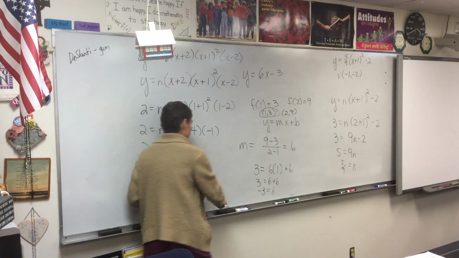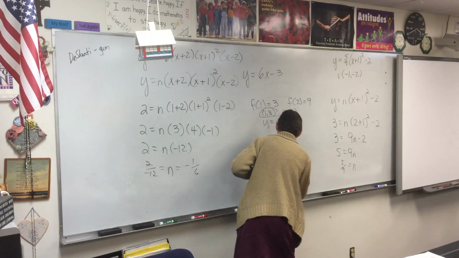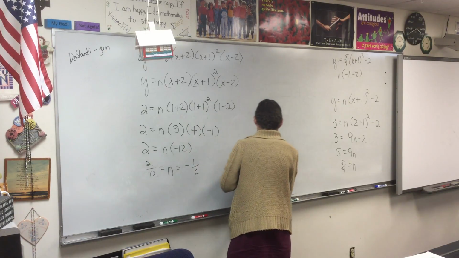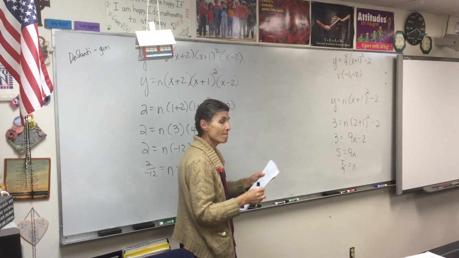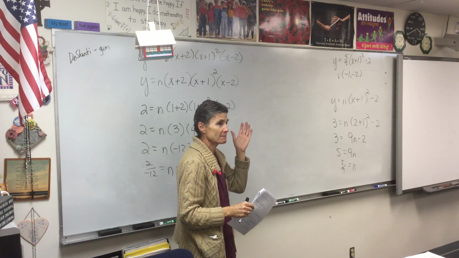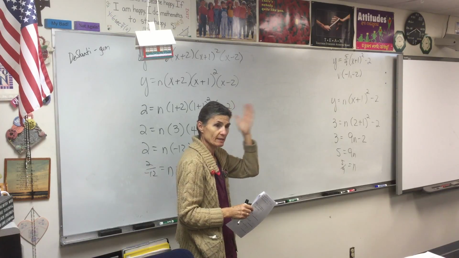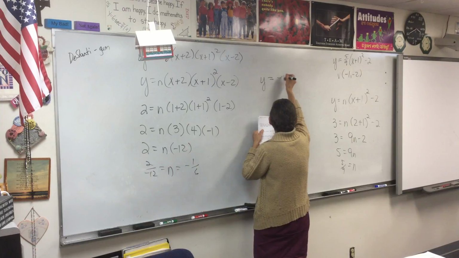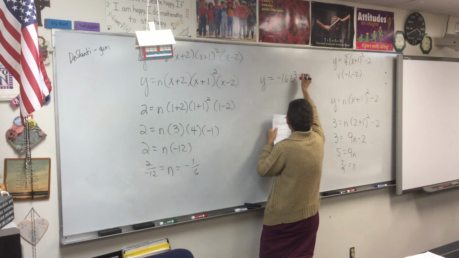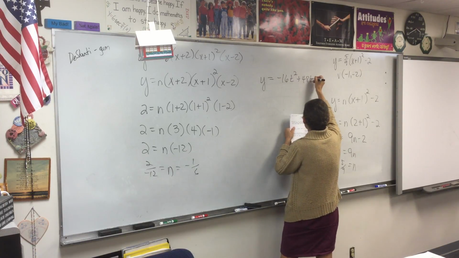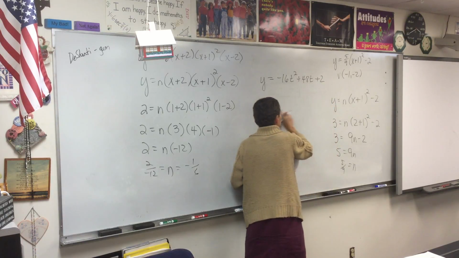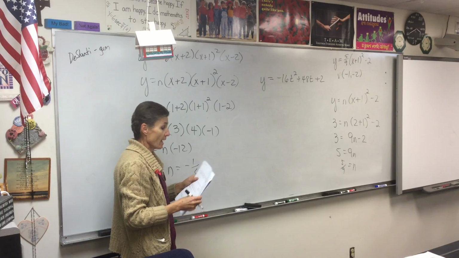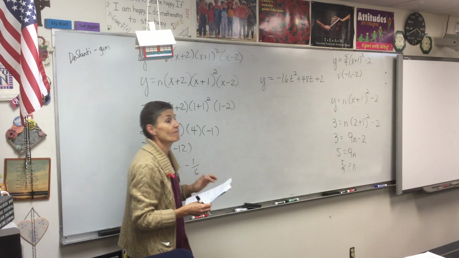All right, number 7. These are the fun ones. The real life problems. When it says maximum, what word pops into my head? Vertex, vertex, vertex. So I got this equation, y equals negative 16t squared plus 48t plus 2, and I need to find the vertex.